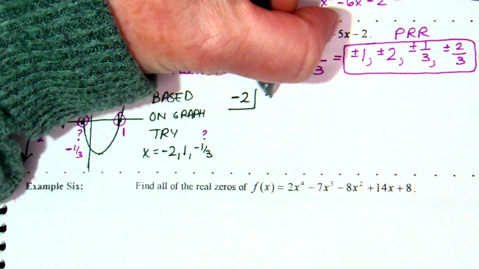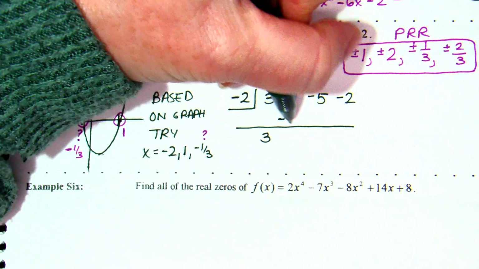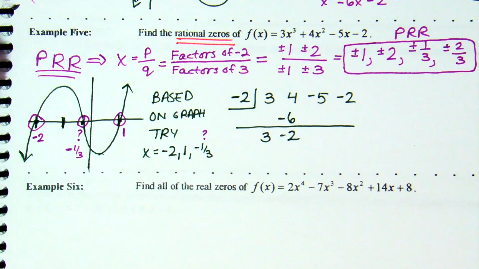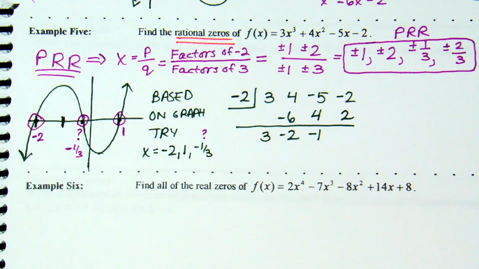So if I use -2, then I'm going to have 3, 4, -5, and -2. Drop the 3. -2 times 3, -6. 4 plus -6, -2. -2 times -2, 4. -5 plus 4, -1. -2 times -1, +2.